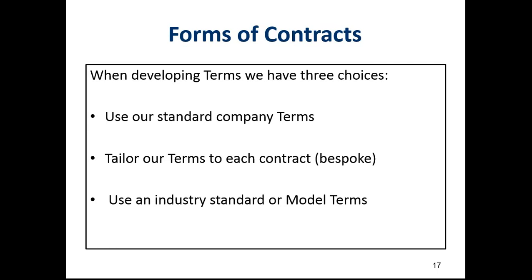You're forever doing it. Or maybe you could get out of that problem and you could use what we call model terms. Model terms are industry standard terms. Most professional bodies have sets of model terms that you can buy from them.